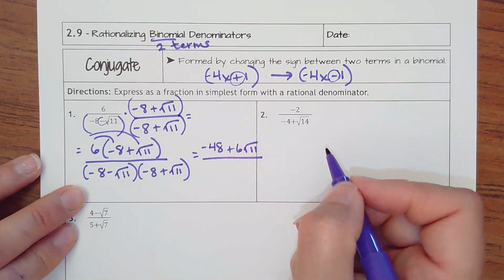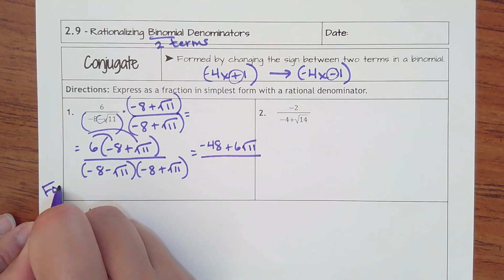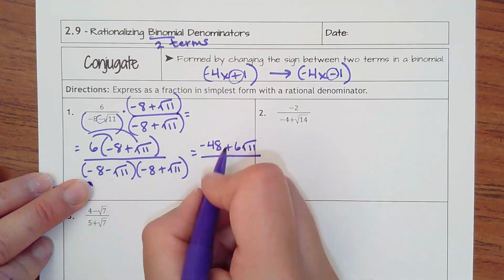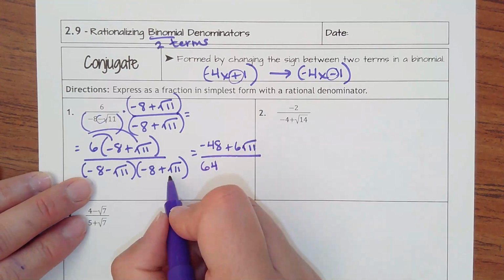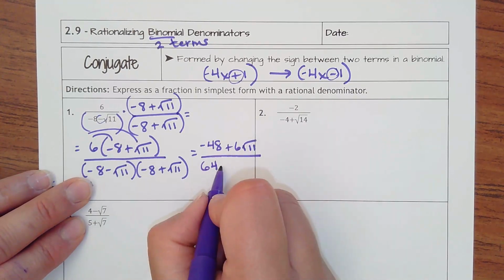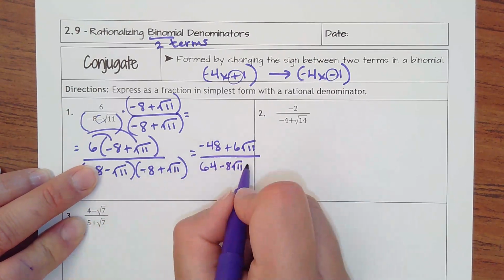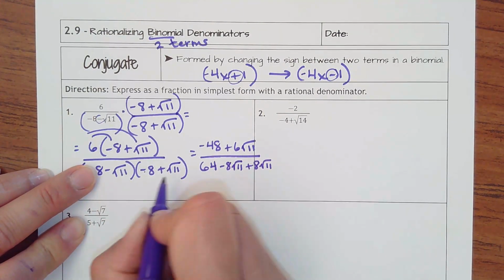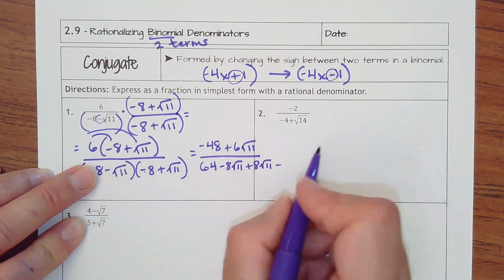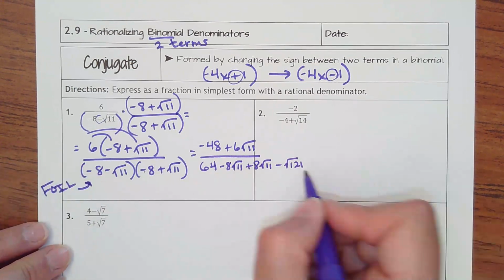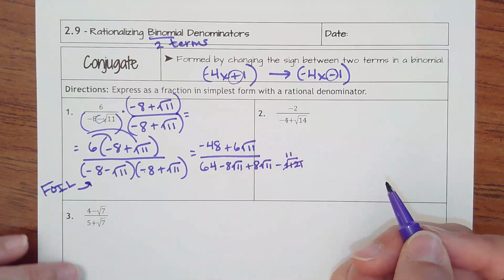Done with the top. FOIL has to happen on the bottom. So negative 8 times negative 8 is 64. Outers is going to be negative 8 square roots of 11. Inners is going to be negative times negative, which is positive 8 square roots of 11. And then a negative times a positive: negative square root of 11 times square root of 11 is square root of 121, which is actually 11.